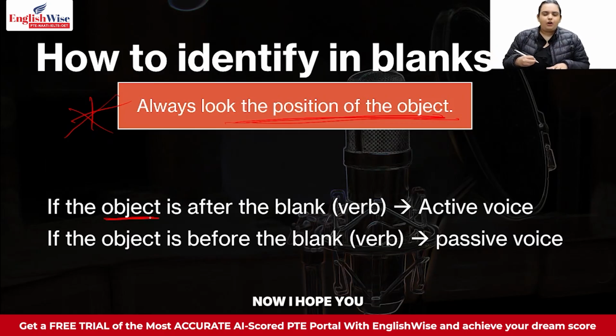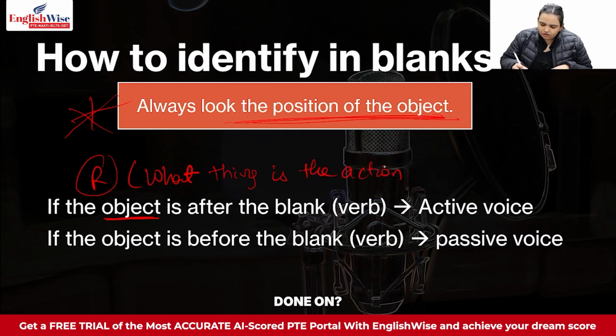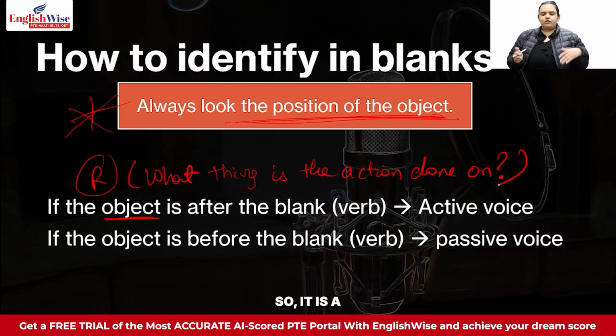Now I hope you guys know for now that the object is always the receiver of the sentence, and it always answers the question, what thing is the action done on. So it is a receiver of the sentence, and it always answers the question, what thing is the action done on.